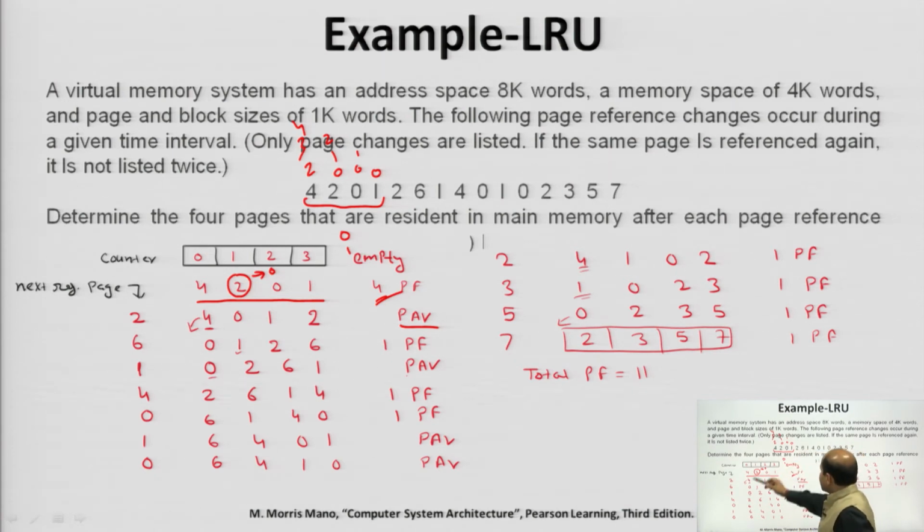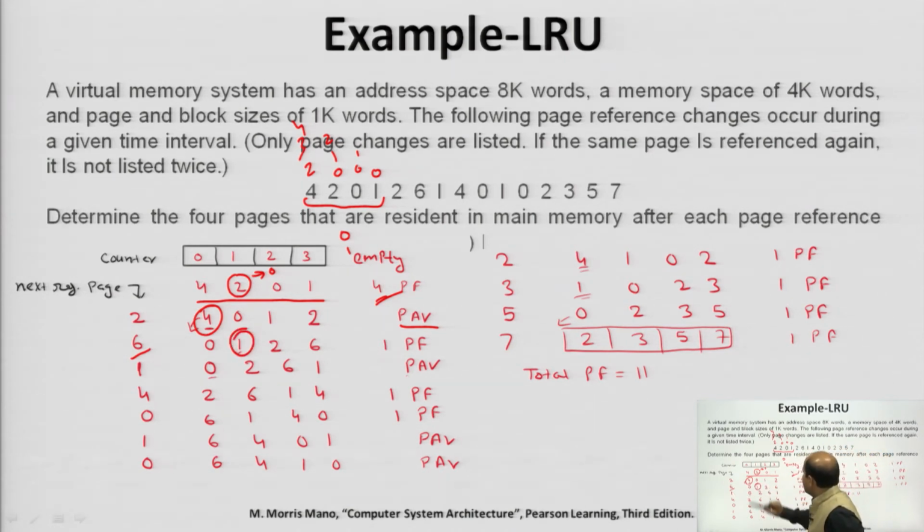Okay. So page number 6 is referenced, it is not available, so a page fault occurs. So 6 will replace the page with the highest counter value. Page number 4 has the highest counter value, so it will be removed, and page number 6 will be entered here. Now next is 1. 1 is available in the main memory.